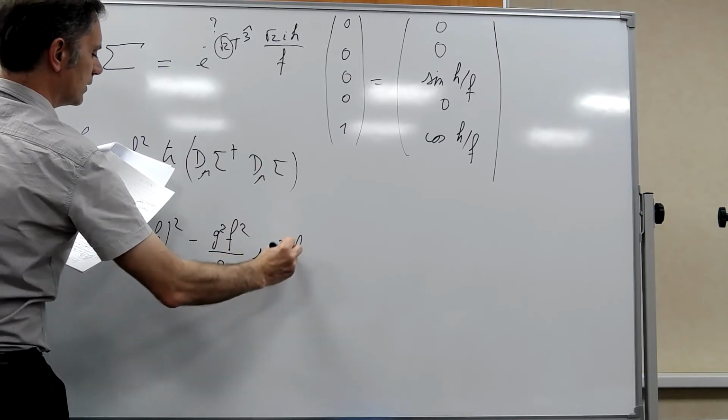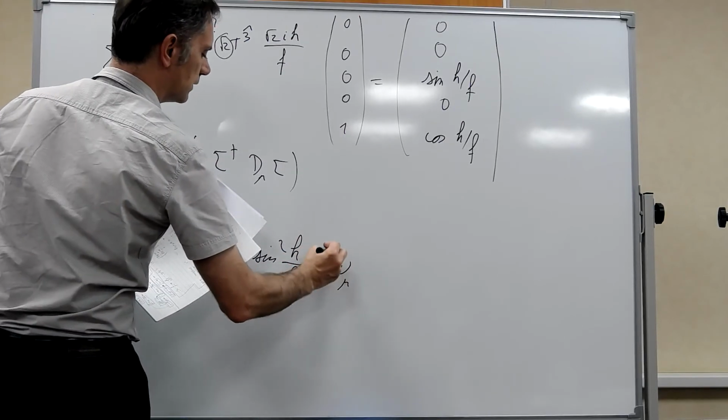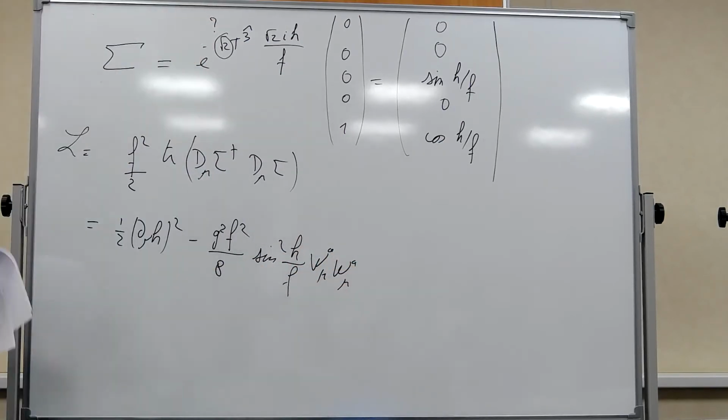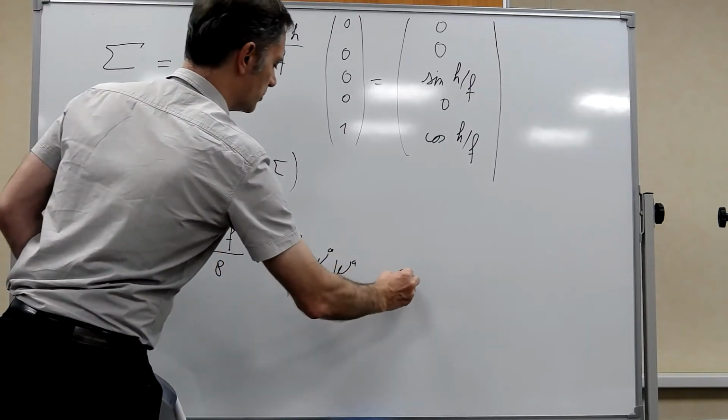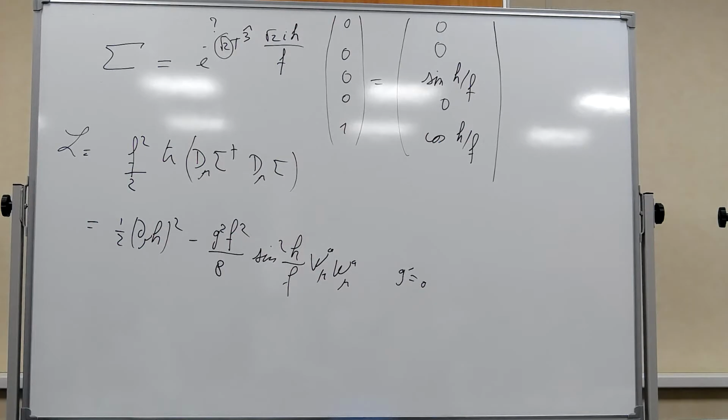What I want to say is that already at the p squared level, so with two derivatives, I still get a structure, a prediction of the Higgs couplings that are different. And I want to do the matching between those two Lagrangians and see what are the physical differences in the prediction of the couplings.